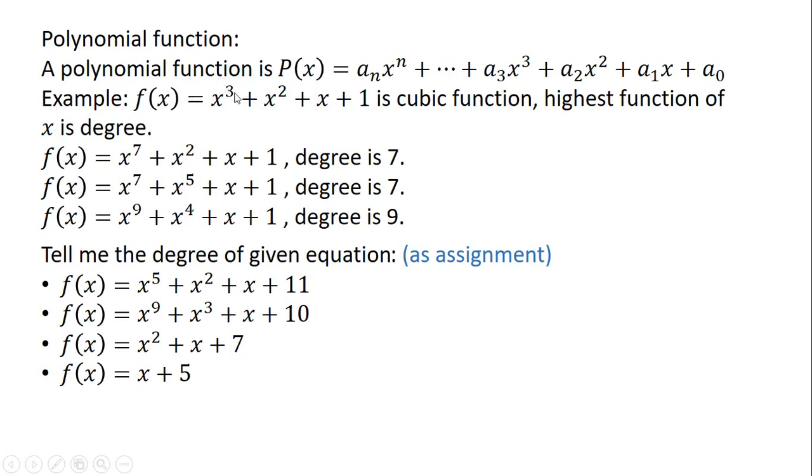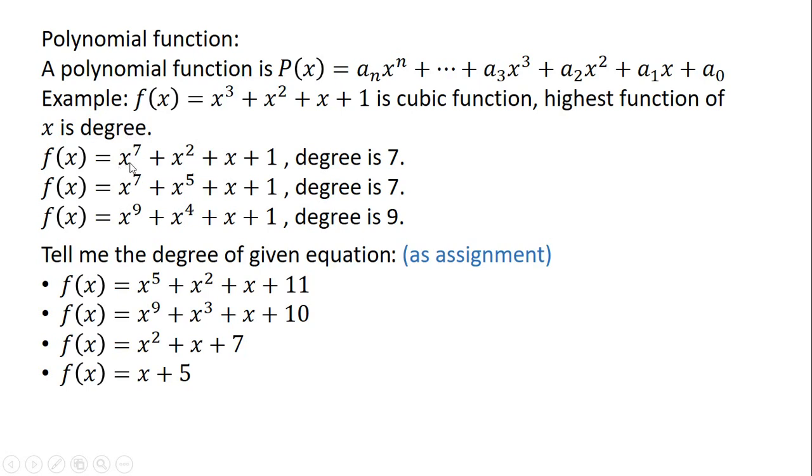So x cube is the highest power, so this is the degree. x cube is the degree, because x square, x power 1 and x power 0 are less than 3, so x cube is the highest power, so 3 is the degree.